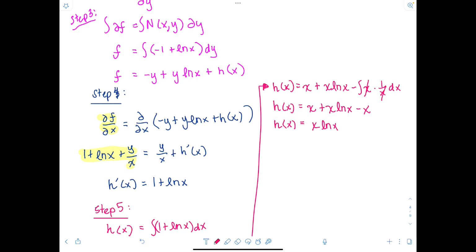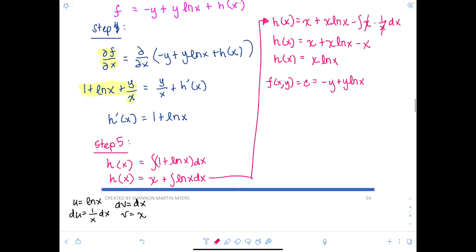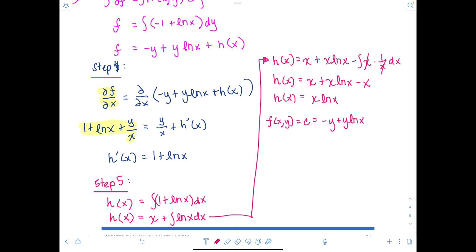So remember that f of x and y was set up to be some constant, right? And in for f, we are putting in negative y plus y times natural log of x. And in for h of x, you put what you found for h of x, which was up here, x ln x. Cool?